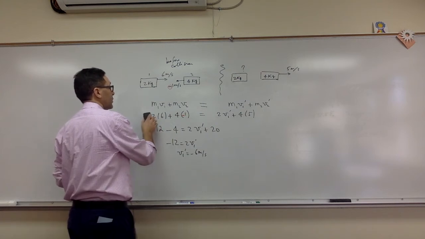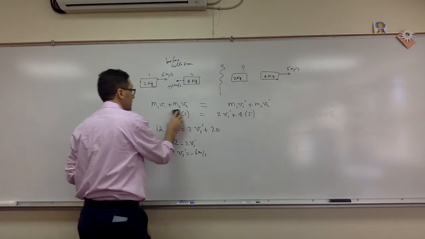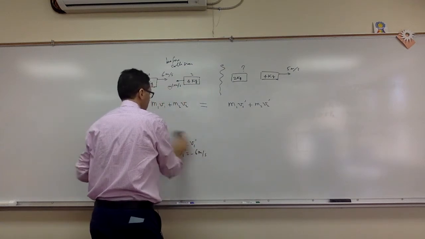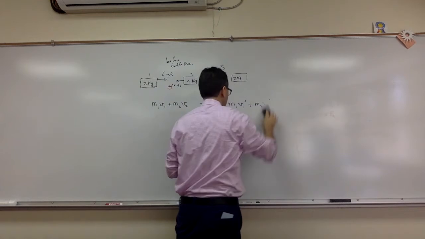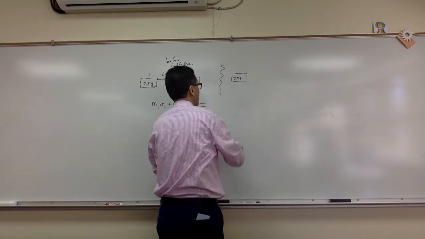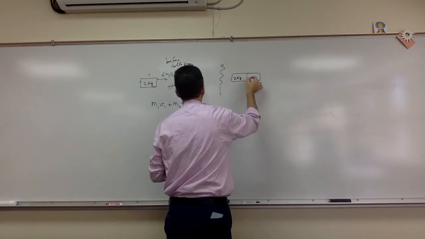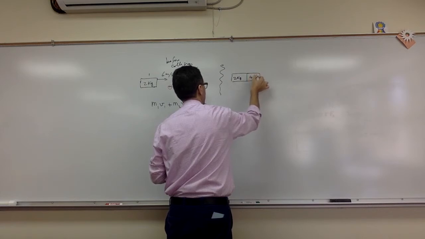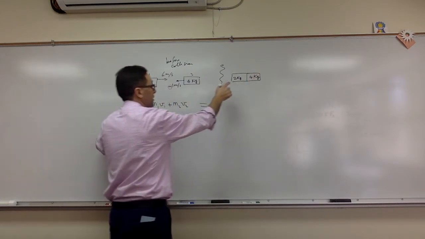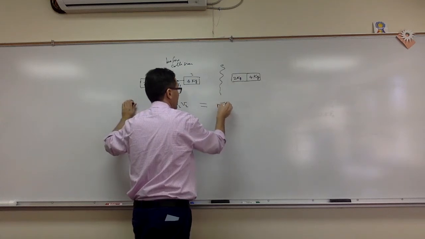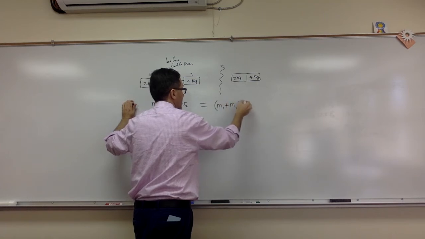Let's do an example where they collide and they stick together. So, I'm going to leave it like that. And I'm going to try to find the speed of the combination. So here is the 4 kilogram here. But here it looks like I have just one object with a mass of 6 kilograms.